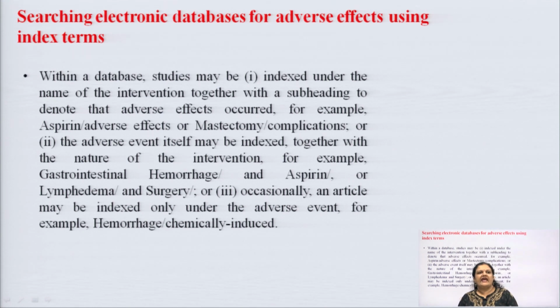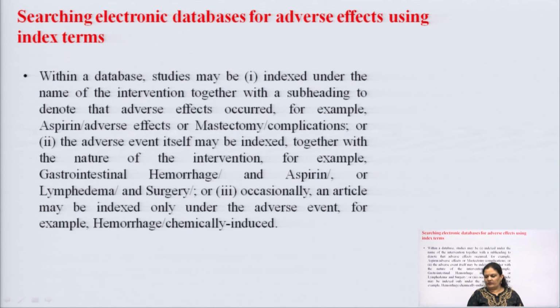For example, aspirin oblique adverse effect. Another example is mastectomy: in breast cancer, we either remove some tissue or part of the breast, or remove both breasts, along with the associated complications.